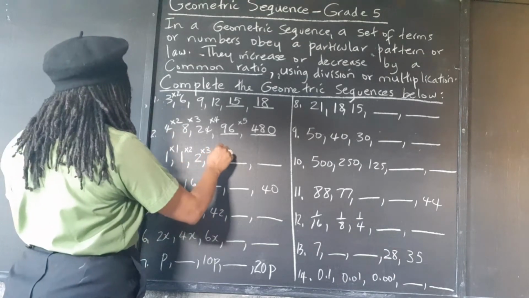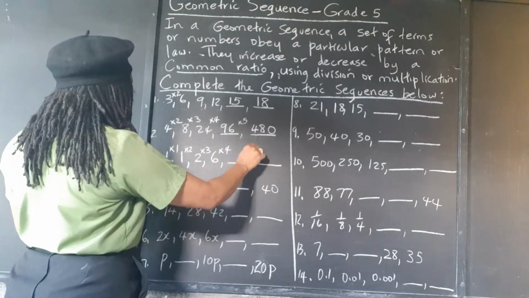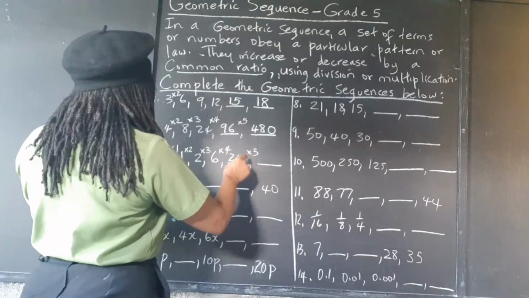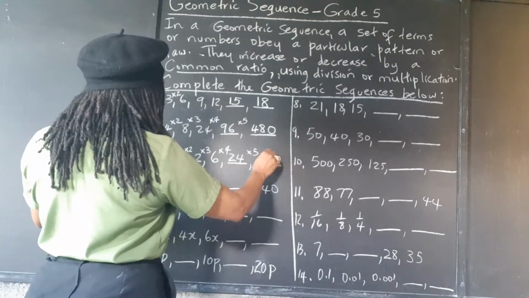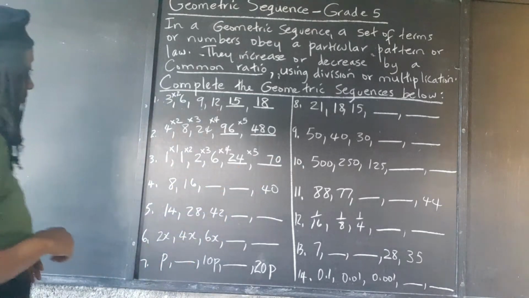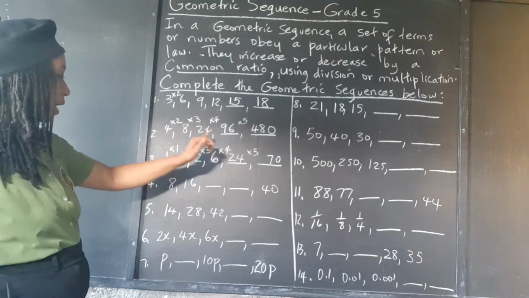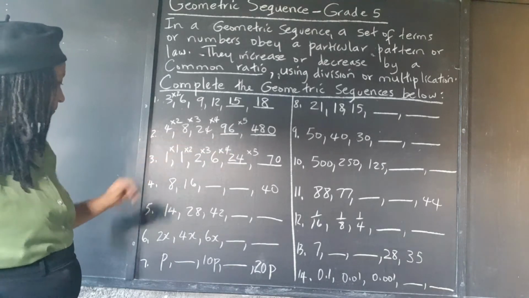So now it will be 6 times 4, and that number times 5. So 6 times 4 is 24, and 24 times 5 is 120. So each term we keep multiplying progressively by 1 more. We add 1 to the common ratio each time.